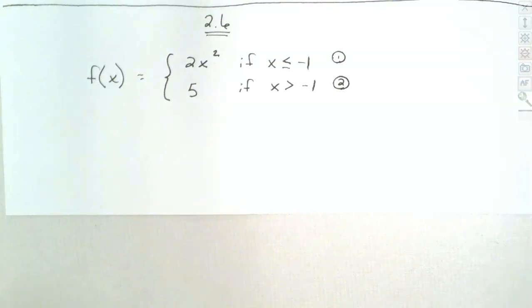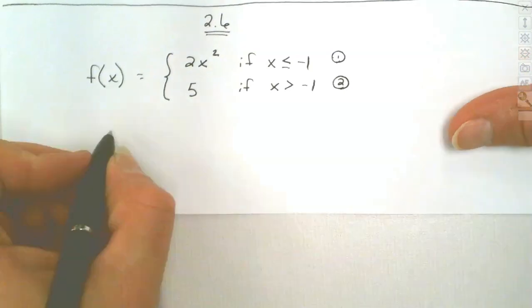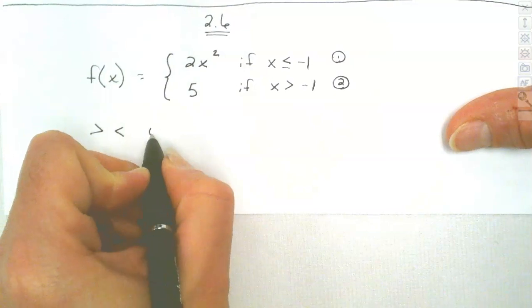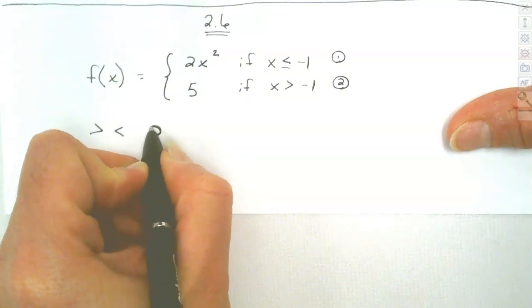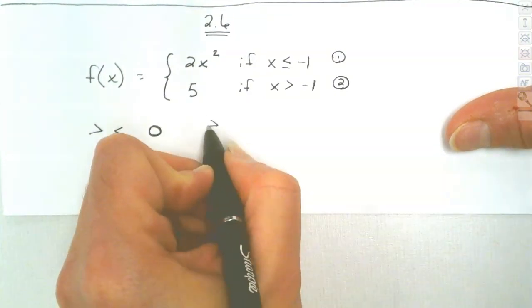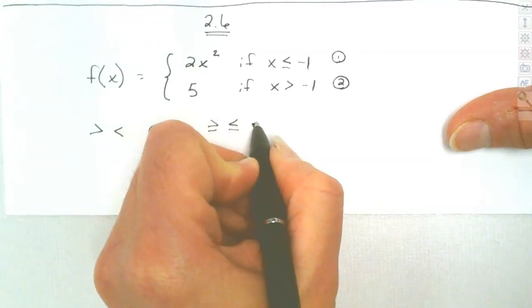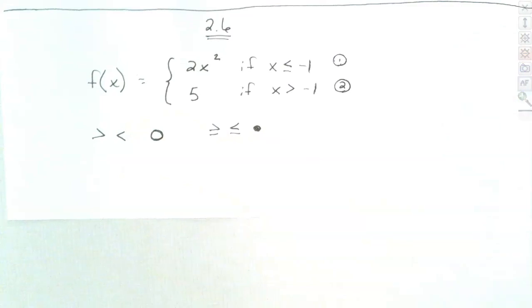Now, we do also need to remember what gets an open circle and what gets a closed circle. So strictly less than, strictly greater than, those get an open circle. Greater than or equal to, less than or equal to, those are going to have a closed circle.